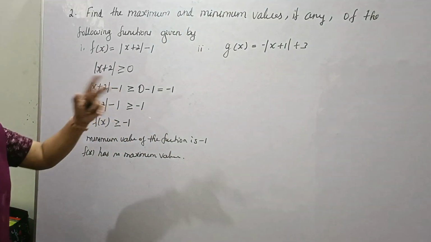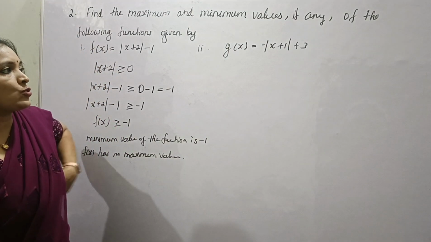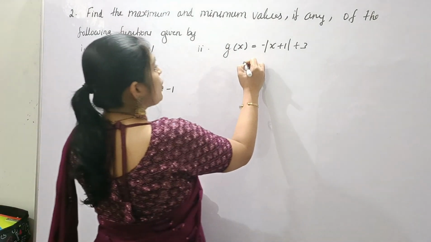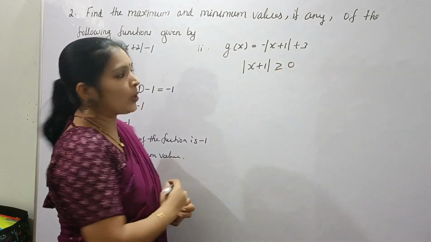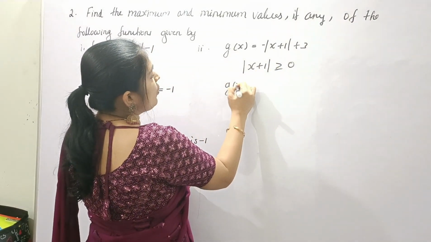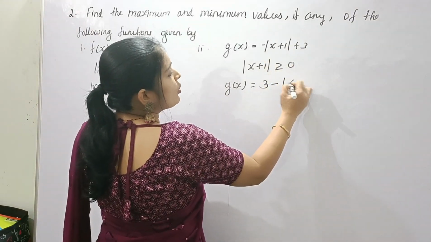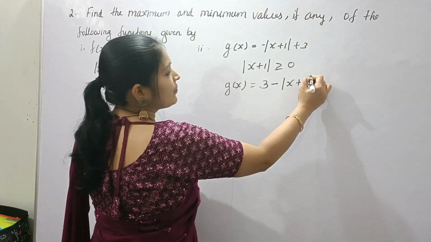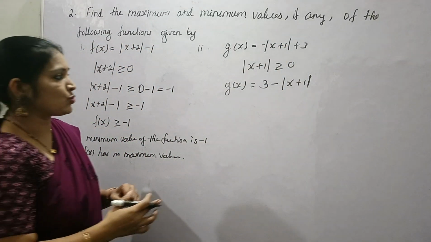Then second, g of x is equal to minus modulus x plus 1 plus 3. See, here also we know that modulus x plus 1 is always greater than or equal to 0. So what is our function? g of x is equal to, we can rewrite this function as 3 minus modulus x plus 1.